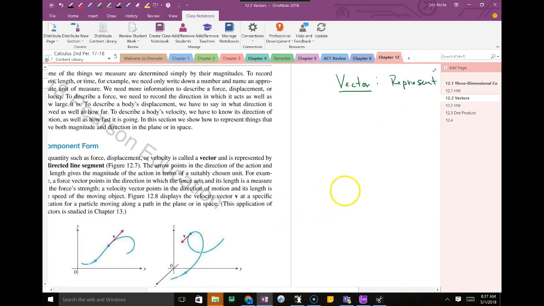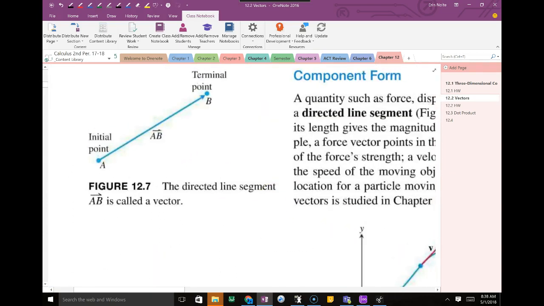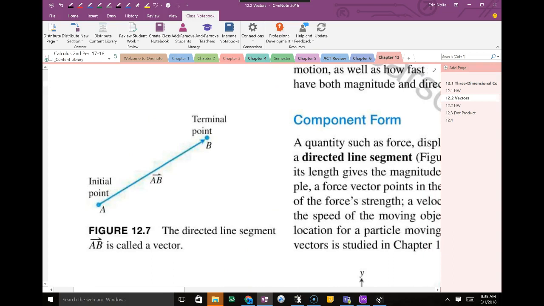So the very first thing that we're going to talk about is how you draw a vector. Okay, so a vector starts at an initial point and it ends at the terminal point. Magnitude and direction. Okay, so you can see that this is a notation right here. You see that little A to B? That kind of looks like a ray.